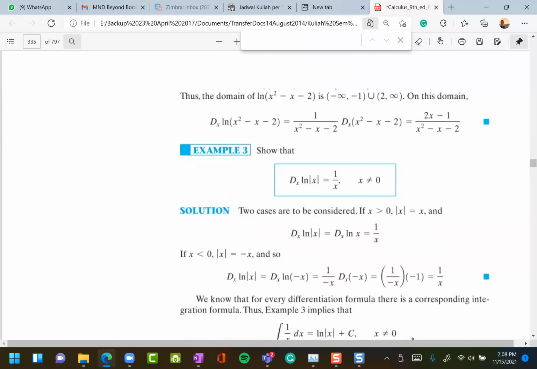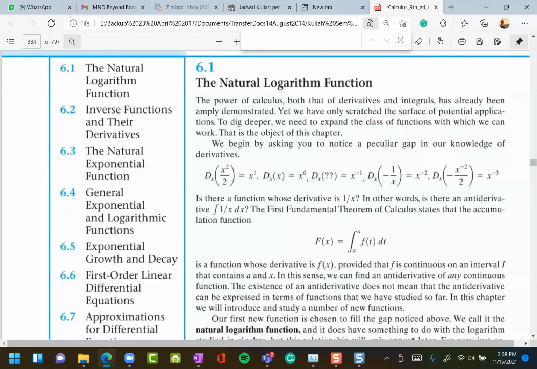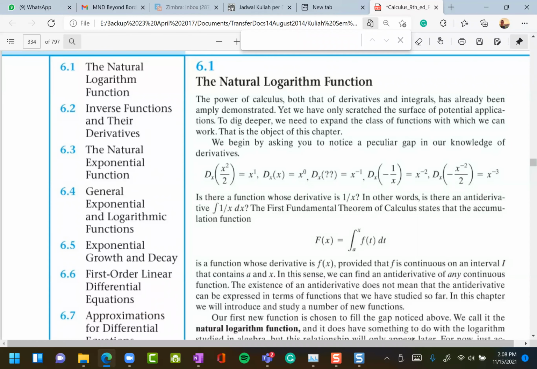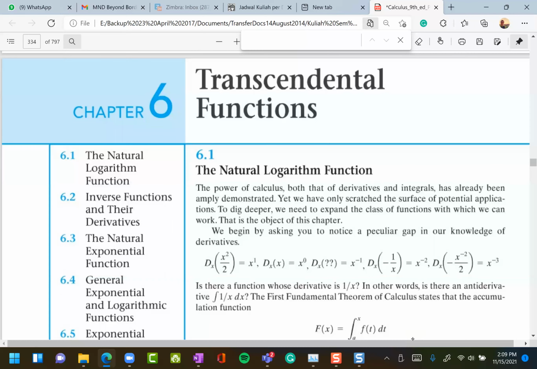So, transcendental functions. What are transcendental functions? Transcendental means not algebraic. So what's algebraic? Algebraic is something that you can get from polynomials by using additions, subtractions, multiplications.